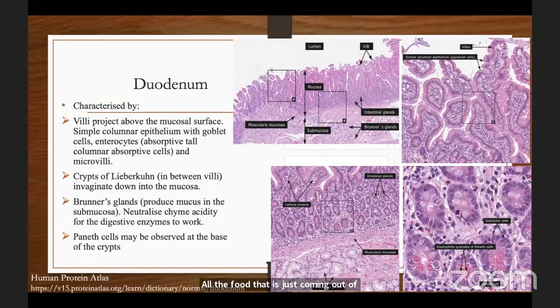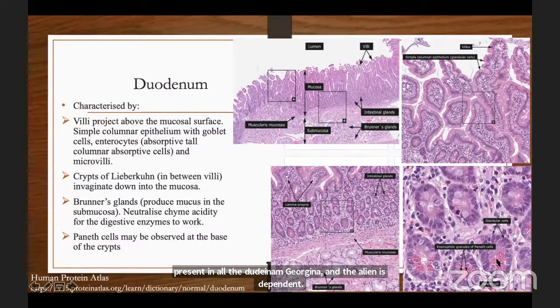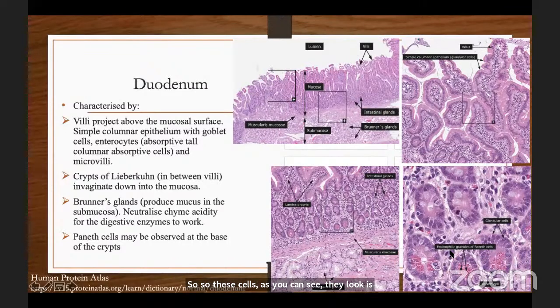Another structure that is present in the duodenum, jejunum, and ileum is the Paneth cell. These cells, as you can see, look eosinophilic because they contain antibacterial enzymes.